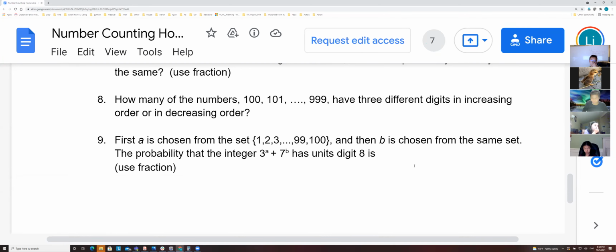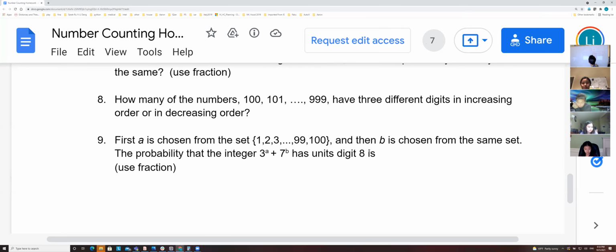3 to the a power can have unit digits 3, 9, 7, and 1, right? And these all have an equal chance of happening. And 7 to the b power can have unit digits 7, 9, 3, or 1, also all with equal probabilities of happening.